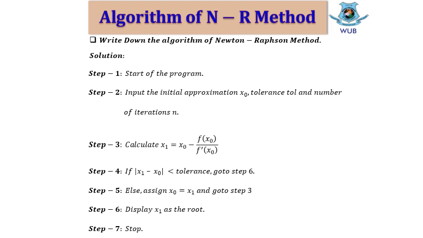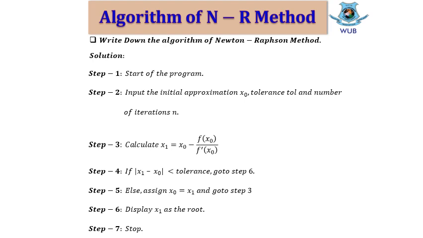And as per the Newton-Raphson method, we have an equation which is x1 equals x naught minus f of x naught divided by the first differentiation of f of x naught. We already know how to calculate the first differentiation of a function. If you have any confusion or any query, please let me know. I will discuss it in the live session.